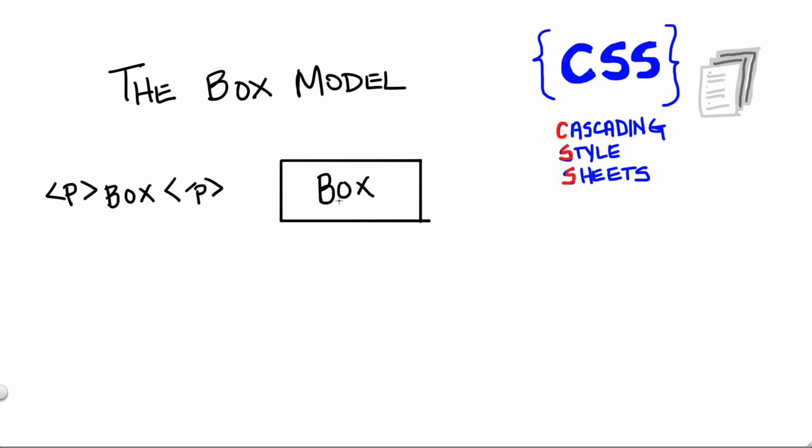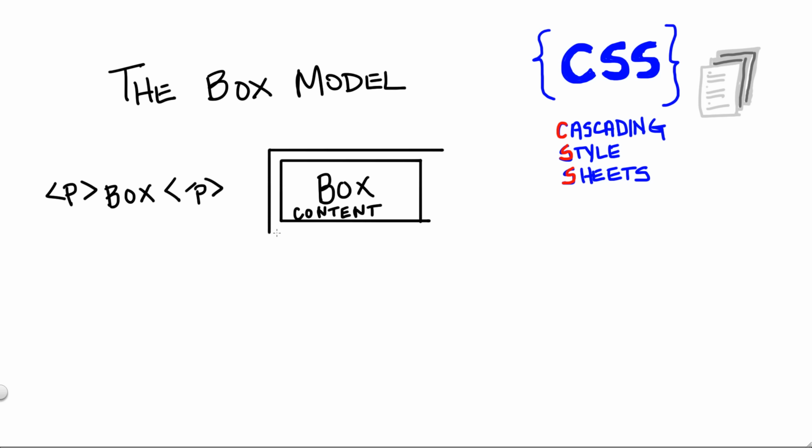So this is actually content. We'll call this part of the box content, because that's what's in here. That's our content. In the CSS box model, we have different layers around this box. The next thing we have around this box is what's called padding.